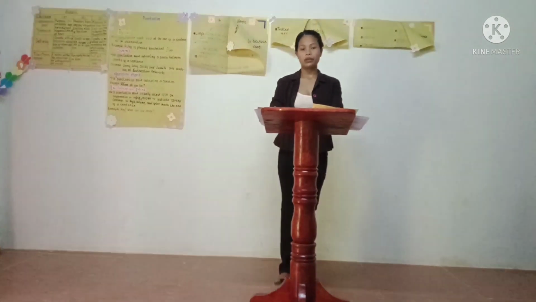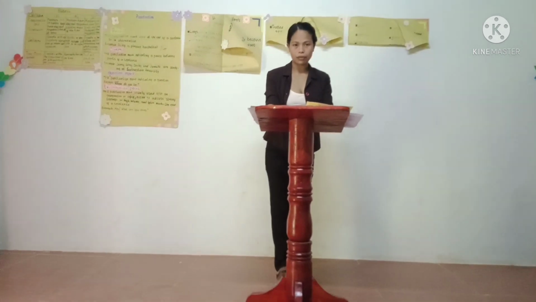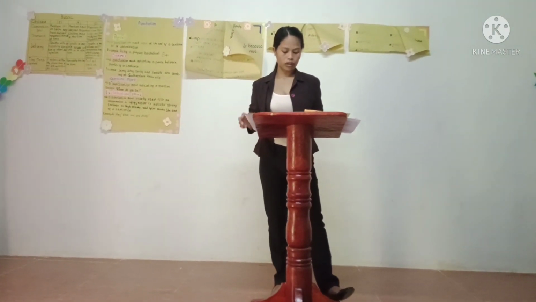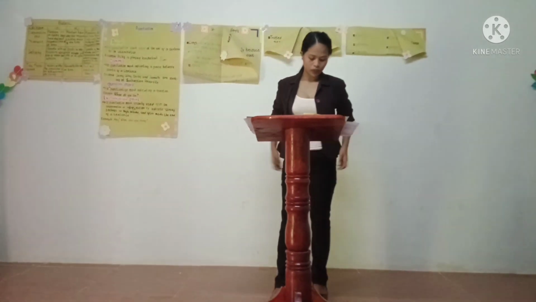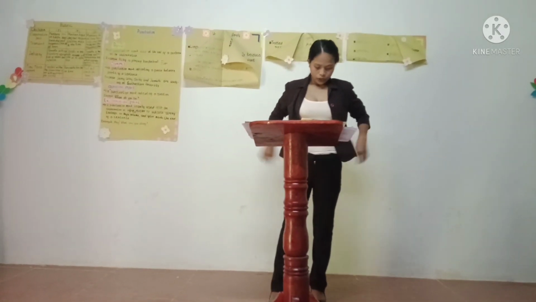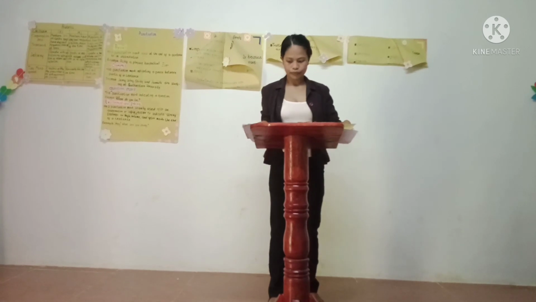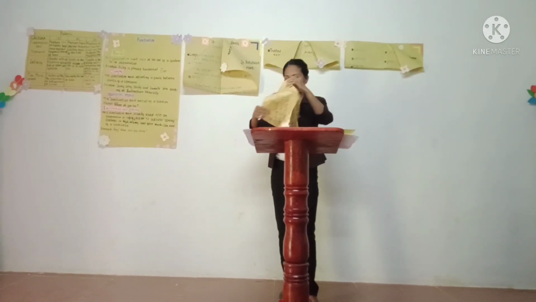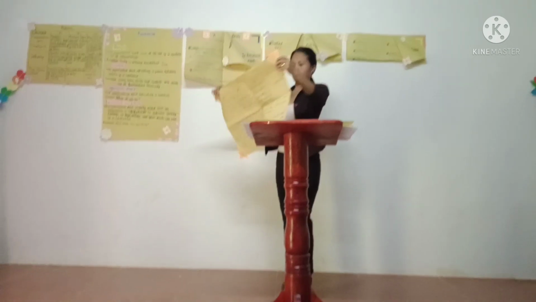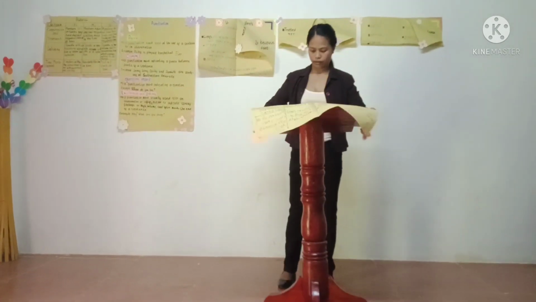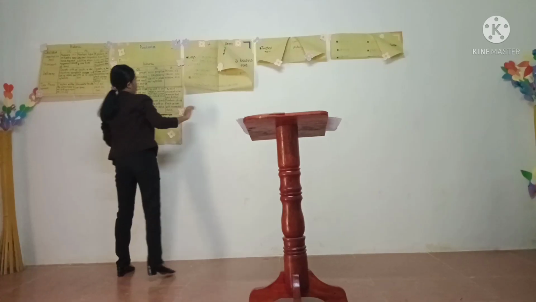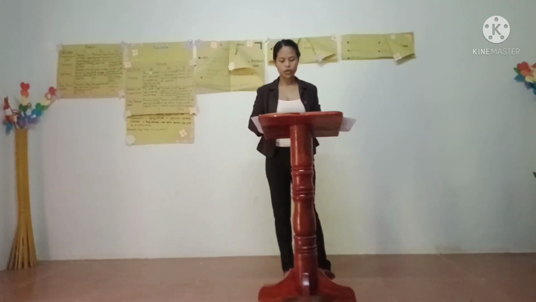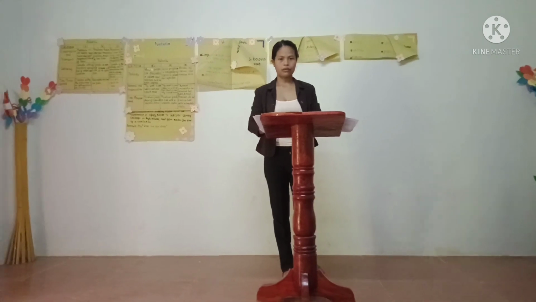Later on, I will pick one representative to present your group work in front of the class. For your guide, here are the rubrics. Just wait. I will give you 10 minutes to do your activity. Your timer starts now.